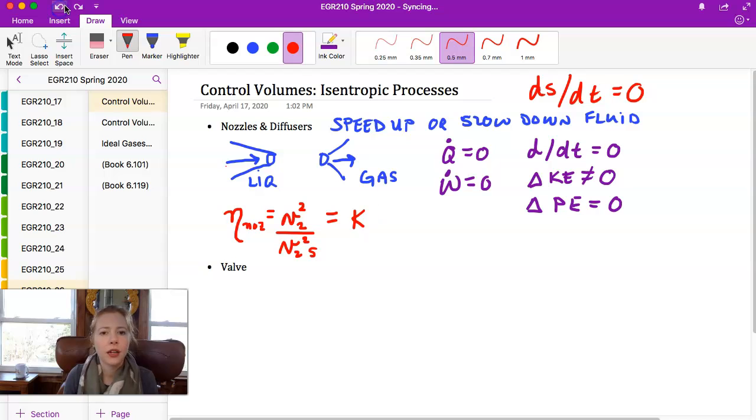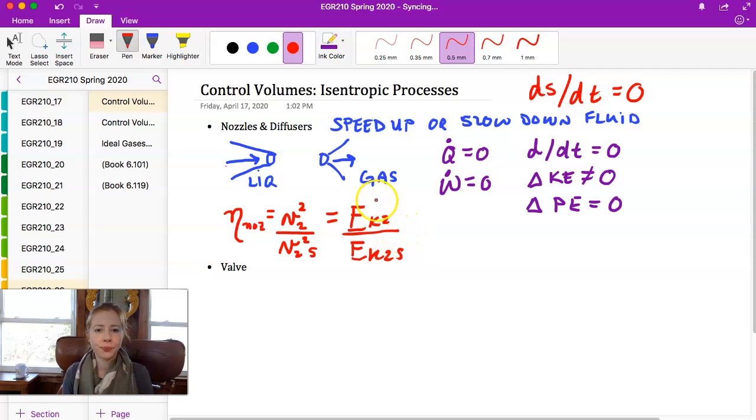Let's be consistent. So kinetic energy at the outlet divided by EK2s. Okay, so what is this mysterious s thing?